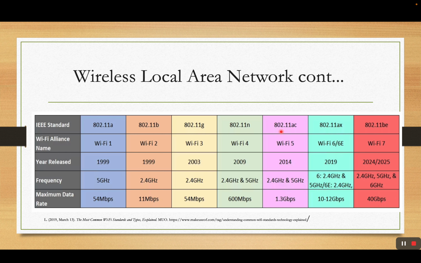Initially released back in 2014, AC increases the data throughput for Wi-Fi devices up to a maximum of 1300 megabits per second. Furthermore, AC adds something I'm sure you have seen on those boxes, MU-MIMO, which stands for multi-user, multiple input, multiple output technology support.